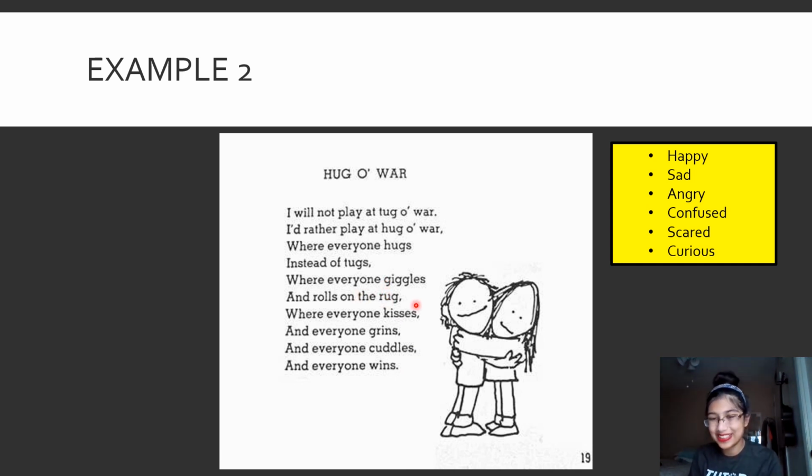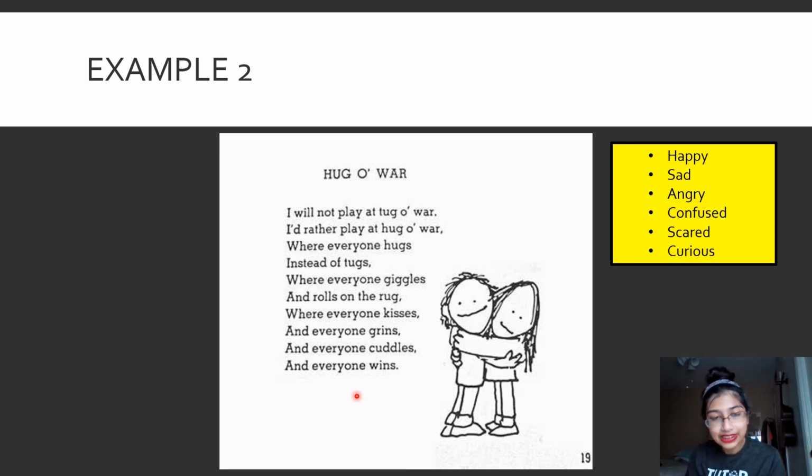It makes me want to giggle. The author talks about where everyone kisses. Kisses are always a nice way to show affection and love. Everyone grins, sounds happy to me. Everyone cuddles, sounds really warm and bubbly to me. And everyone wins, makes me feel like I can do it.